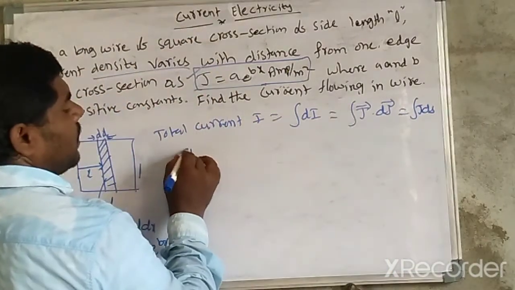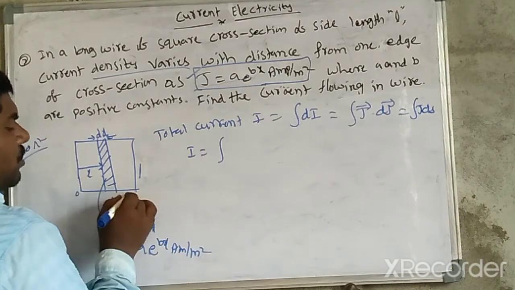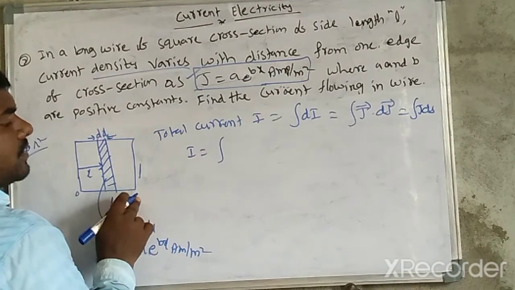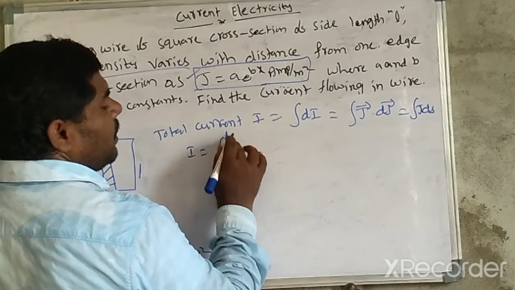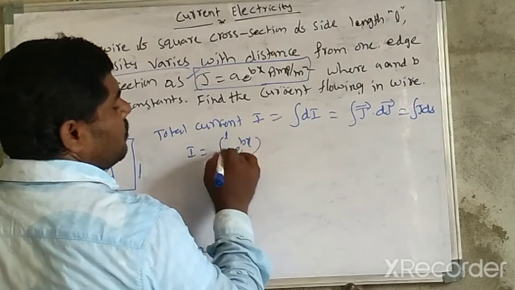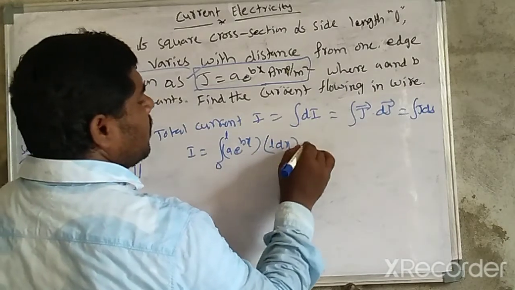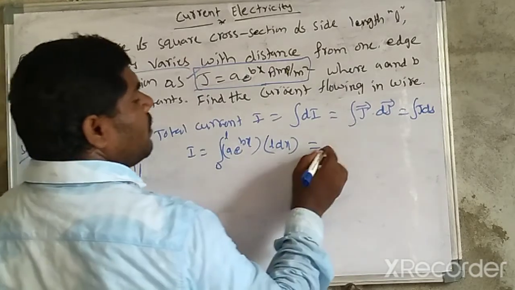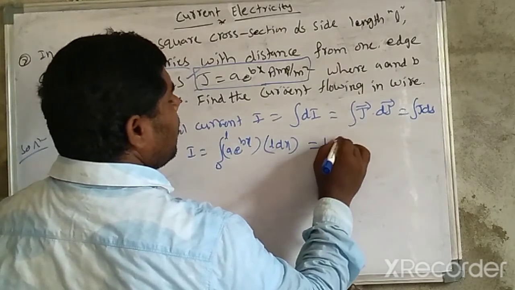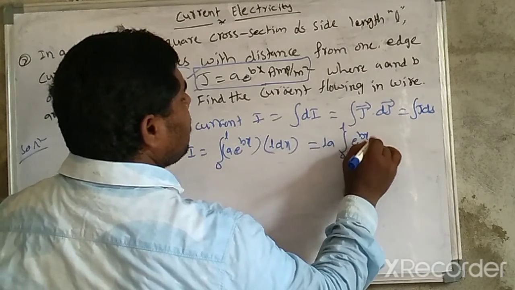Here the limits are from the origin 0 to length L. J is nothing but A into e power bx, and ds is L into dx. Here A and L, being constants, you may write out of the integral: integral of e power bx dx.